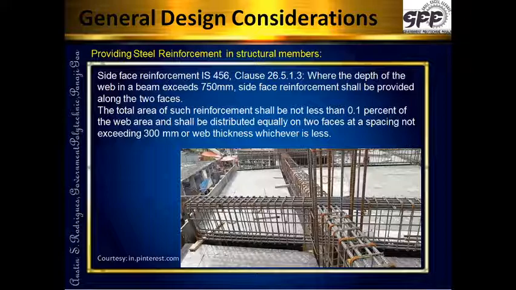How much? Now what is this side face reinforcement? It talks about that the total area of side face reinforcement shall not be less than 0.1% of the web area. Whatever is the projecting area, at least equal to 0.1% of this web area shall be distributed equally on both the faces at a spacing not exceeding 300 mm or the web thickness, whichever is less.